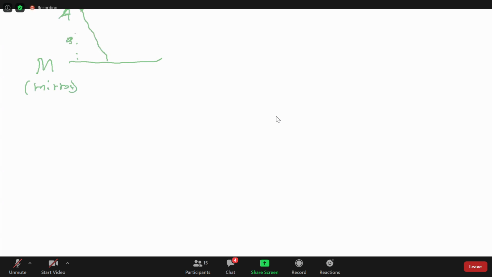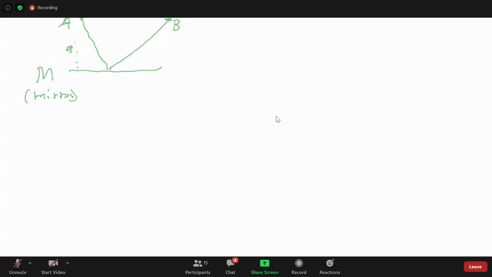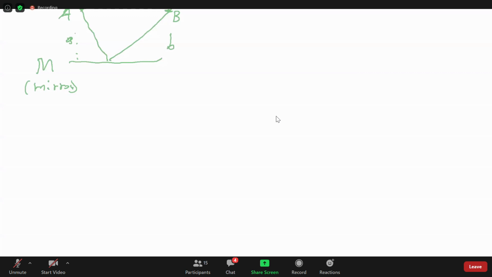And it's going to reflect to some point over here, which we'll call capital B. So this distance is a, and this distance is b, little b, vertical distance. This angle is theta 1, which makes this angle also theta 1. This angle is theta 2, which also makes this angle theta 2.